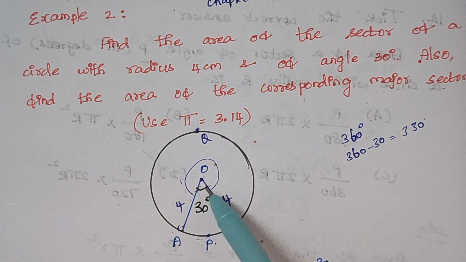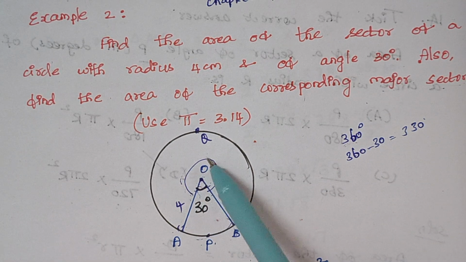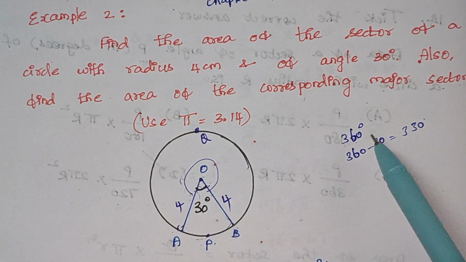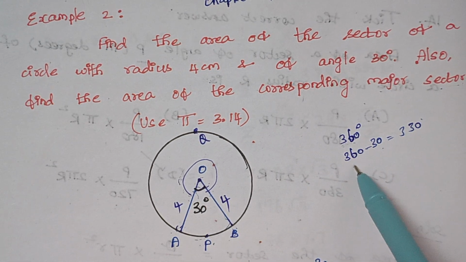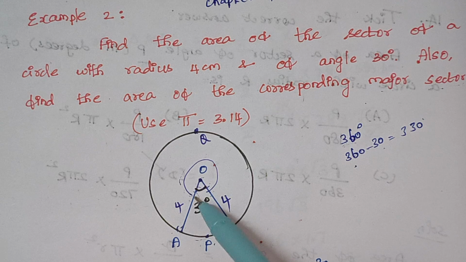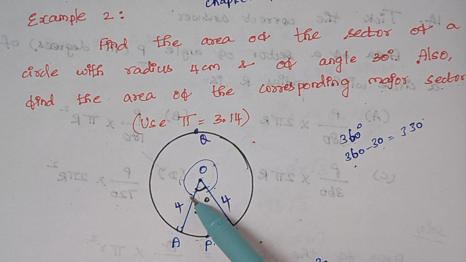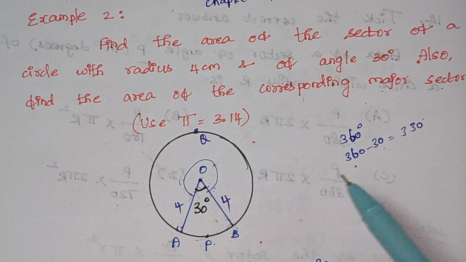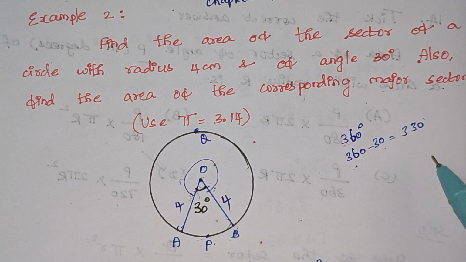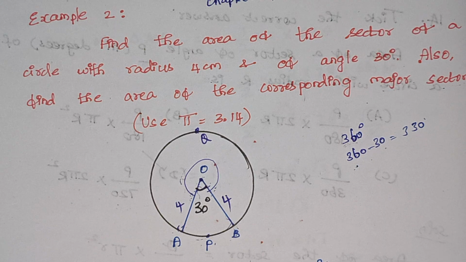So if this angle is 30 degree, what about this angle? You have to subtract 30 from 360, because I need this angle. The entire angle is 360, so this angle is 360 minus 30, which is equal to 330 degrees.